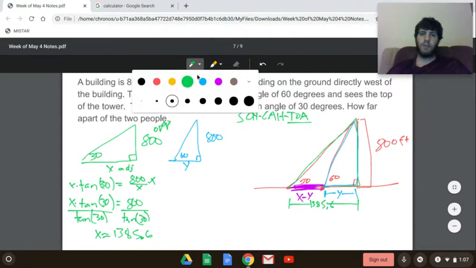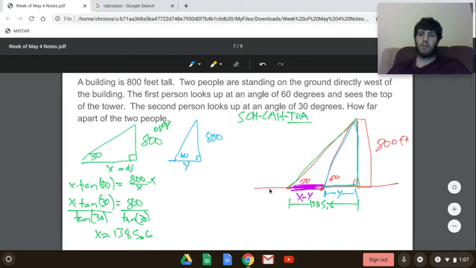All right, now let's do the blue triangle, the small triangle, and find y. Again, opposite is across from the angle, and next to is adjacent. So we have opposite and adjacent, so we're going to use tangent again. Tangent of 60 equals opposite over adjacent, that's 800 over y. Then you multiply both sides by y, and you get y times tangent of 60 equals 800.